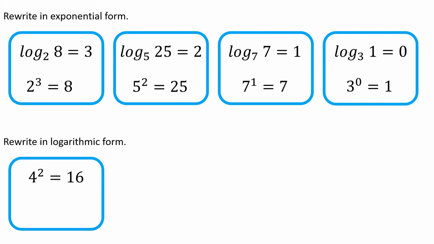I'll have log base 4 of 16 equals 2. Right? The base gets to be written as a subscript with the log, so the base was 4, because it was 4 squared, so it's log base 4. The exponent of 2 is going to be all by itself over there on the right-hand side, equals 2. Log base 4 of 16 equals 2.